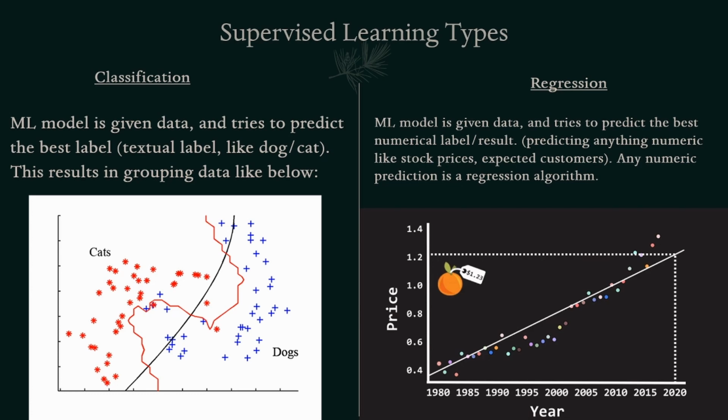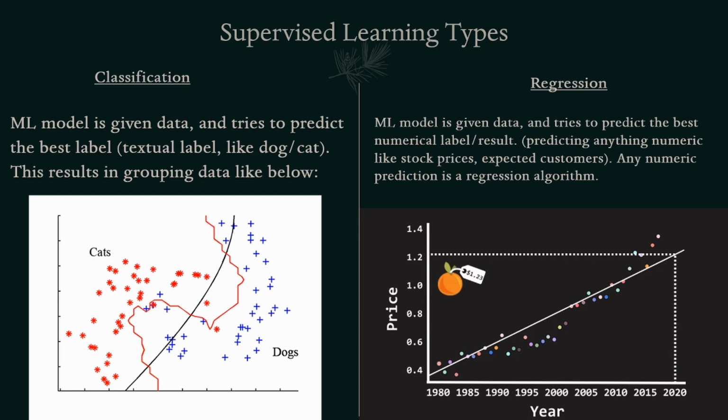So, there are two different types of algorithms that are supervised. Now, if you remember, supervised learning is you give the question and the answer to the computer at the same time. So, that is what supervised learning is.